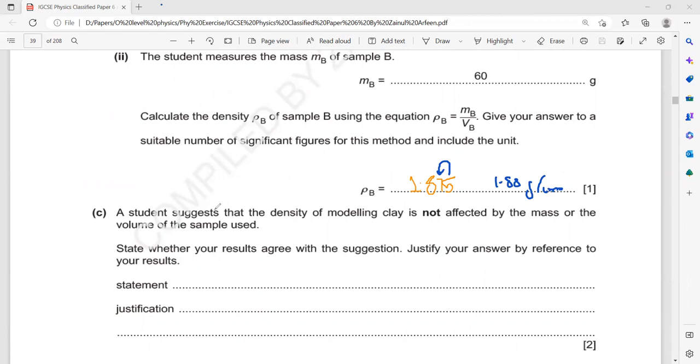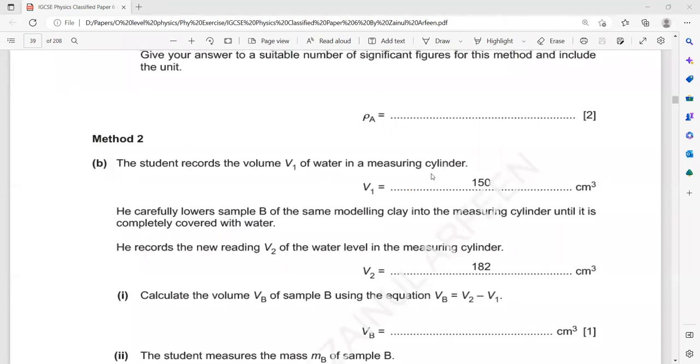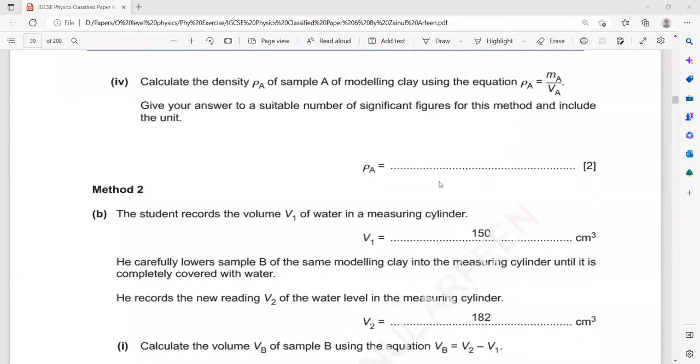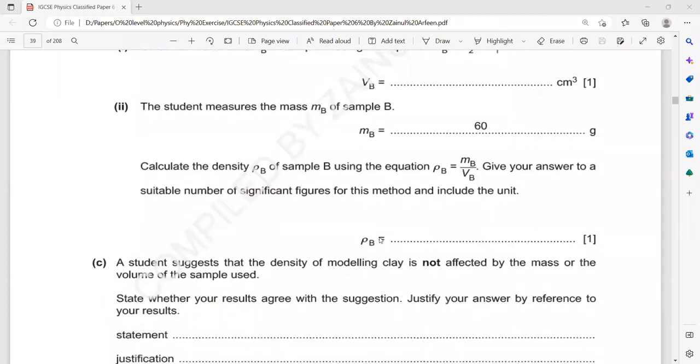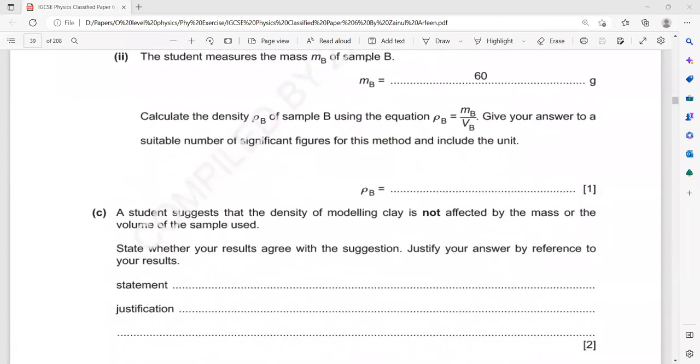A student suggests that the density of the modeling clay is not affected by mass or volume. Like density won't change, whichever method we use. We should get the same density. What was the answer for the first density? 2.84, yeah. And this is 1.88.